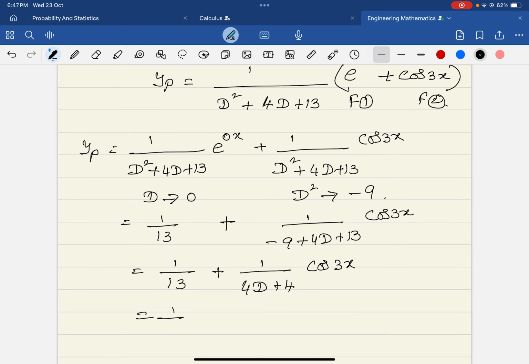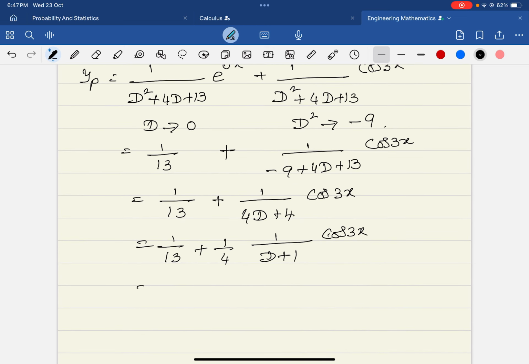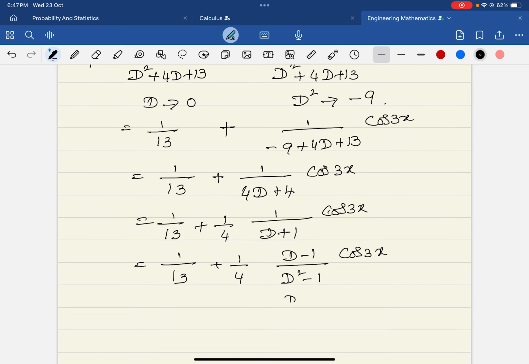Now I will take 1 over 13 plus, we can take 1 by 4 common, it is 1 over d plus 1 times cosine 3x. Now that is 1 over 13 plus 1 over 4 times, multiply and divide by d minus 1, that gives you d square minus 1 of cosine 3x. Now again replacing d square by minus 9, that gives you 1 over 13 plus 1 over 4 times d minus 1 by minus 9 minus 1, which is minus 10, cosine 3x.